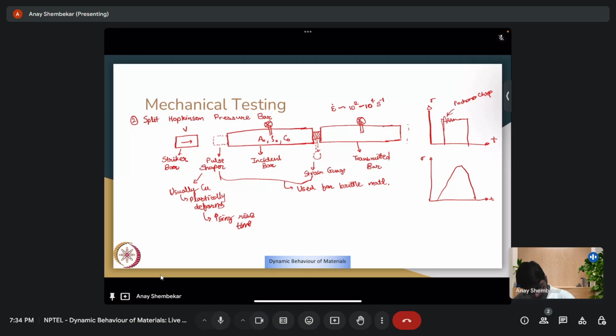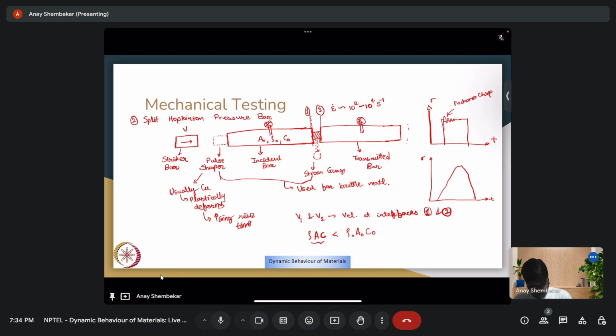Okay, we'll now label the two ends of the specimen. This is end one. This is end two. Suppose V1 and V2 are the velocities at interfaces 1 and 2 respectively. One more thing is that your specimen has a lower impedance than your bars.